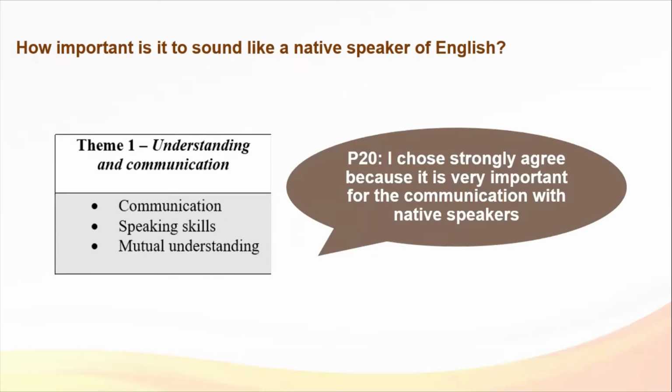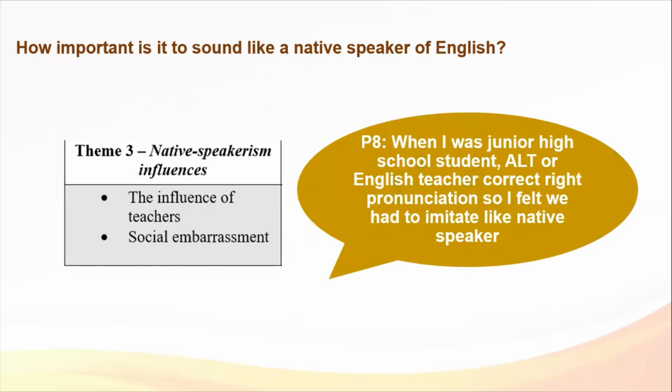Okay, so theme 1, participant 20: "I chose strongly agree because it is very important for the communication with native speakers." So again, yes, they're talking about communication, but linking it to native speakers. Participant 8: "When I was junior high school student, ALT or English teacher corrected right pronunciation.